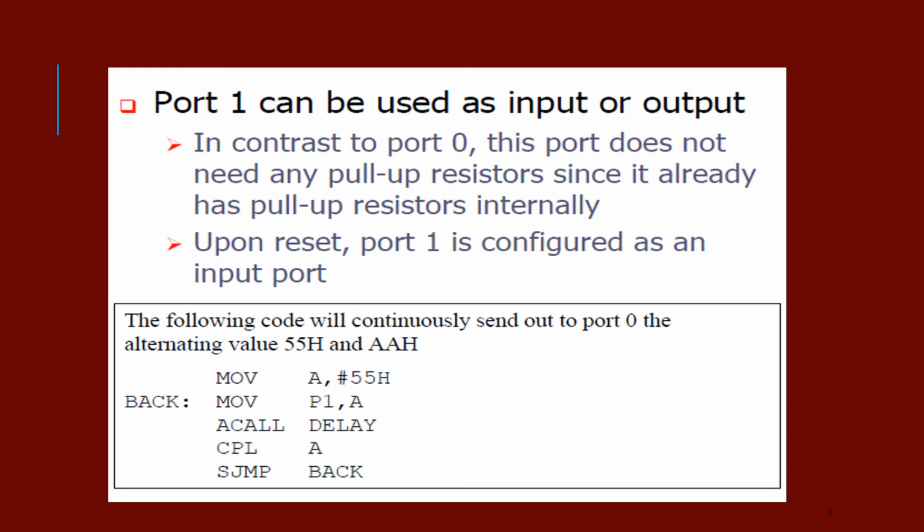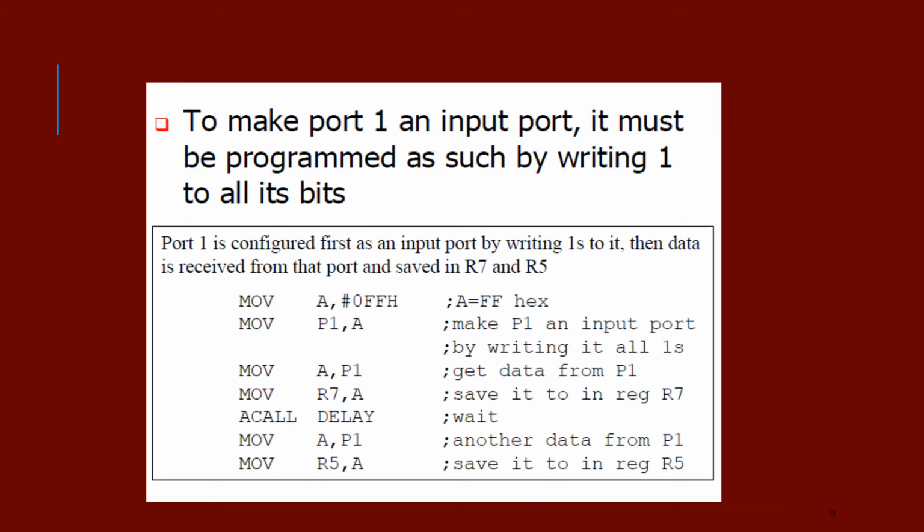So the CPL A instruction is very useful in tasks where you want to set or reset the respective pins or respective IO lines. SJMP as usual.